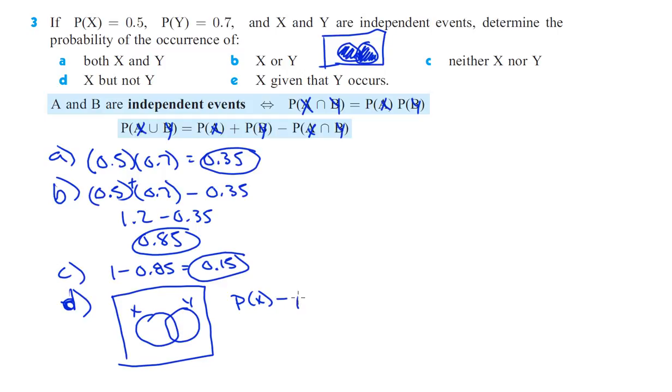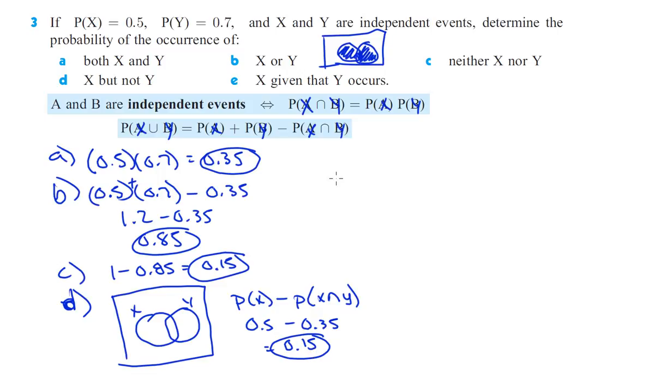The probability of X from up here is 0.5, so we have 0.5 minus the probability of X intersect Y, which we figured out is this one right here, 0.35, which gives us 0.15. So there's a 15% chance of X happening but not Y.